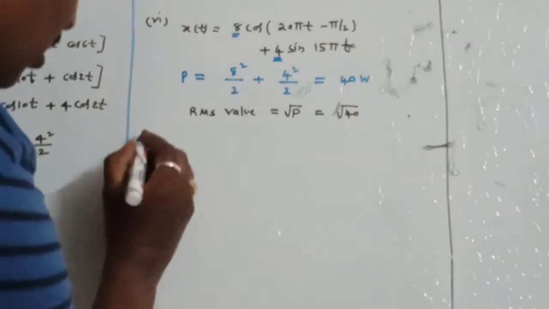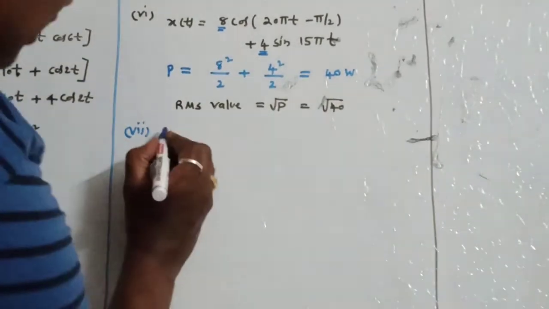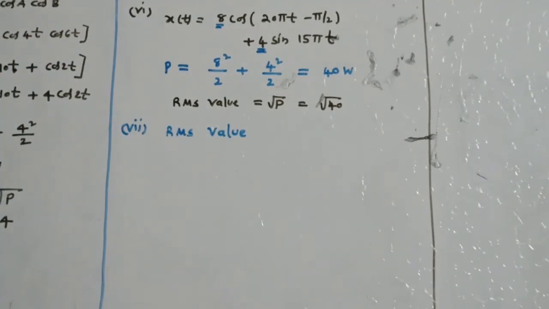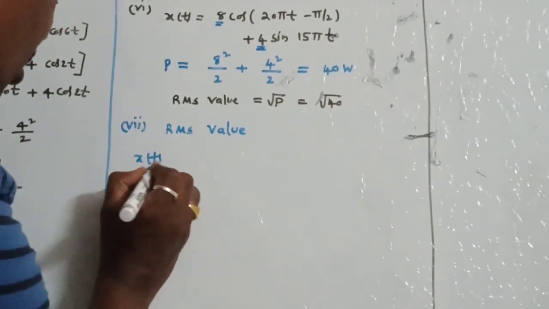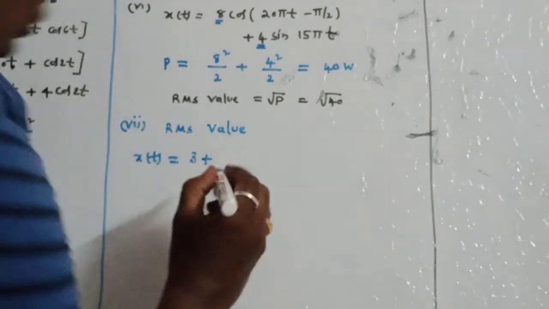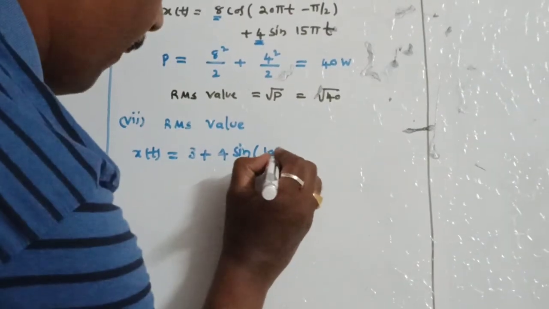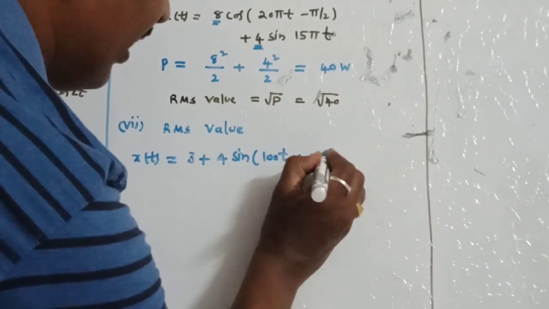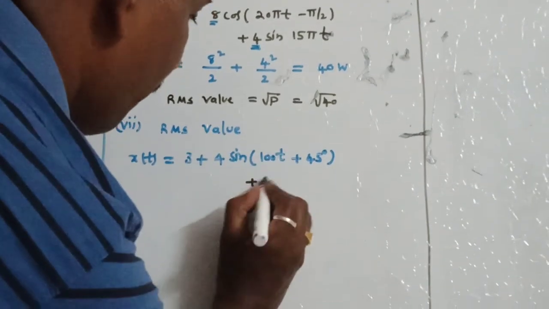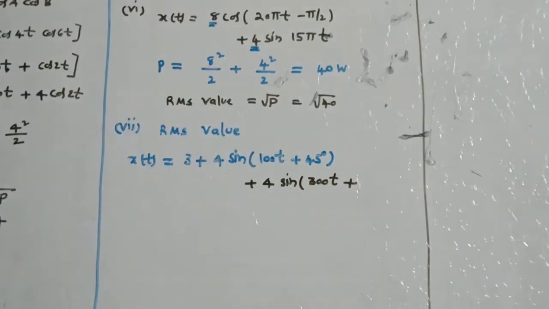Next, let us solve the last problem on this model. Find only the RMS value of x of t is equal to 3 plus 4 sin(100t plus 45 degrees) plus 4 sin(300t plus 60 degrees).